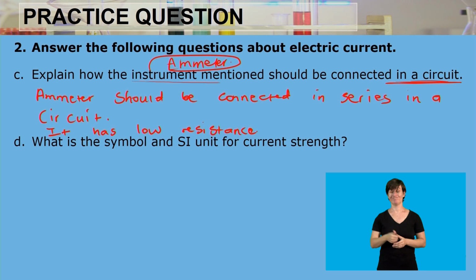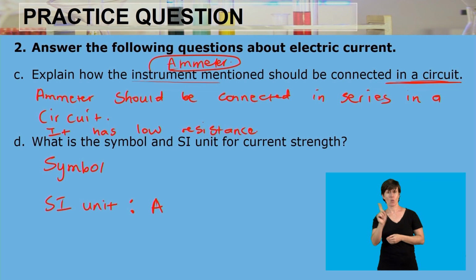Now, question D. What is the symbol and SI unit for current strength? So we have the symbol, and we also have the SI unit. Our SI unit is amperes.